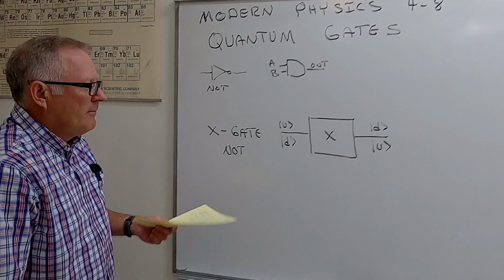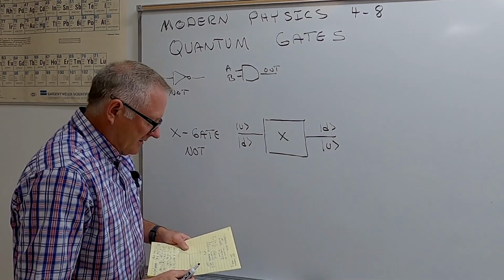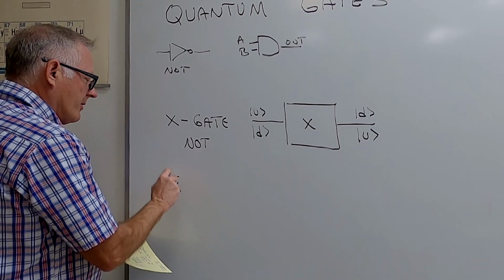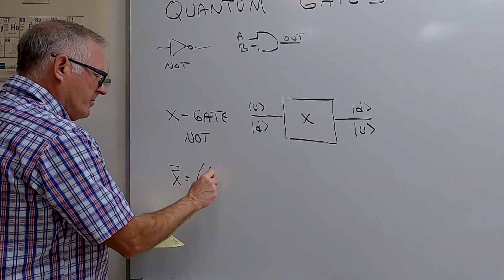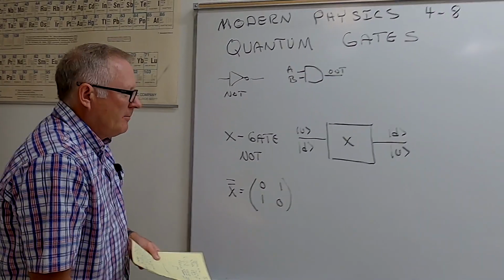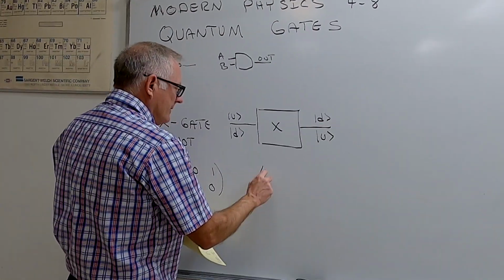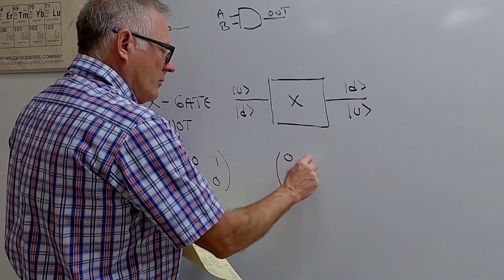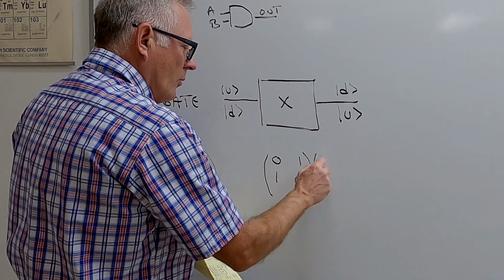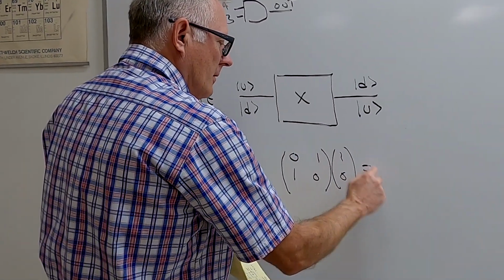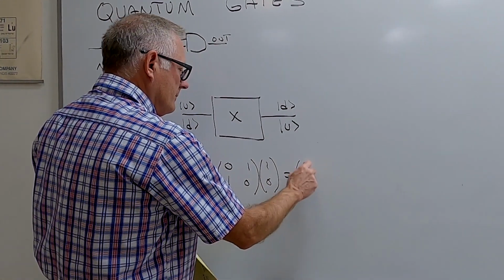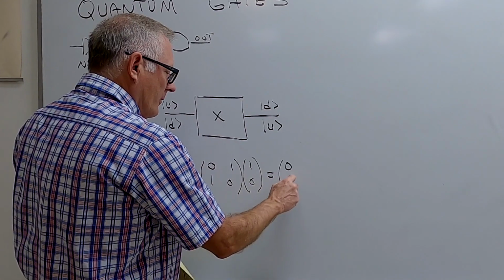Each time you do this, this is really a matrix that we're looking at, this X. For the X gate, this matrix is 0, 1, 1, 0. Why? Because if I operate X on up, which is 1, 0, what do we get? We get 0, 1.